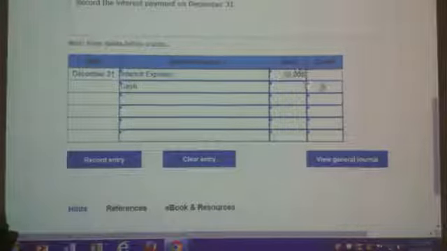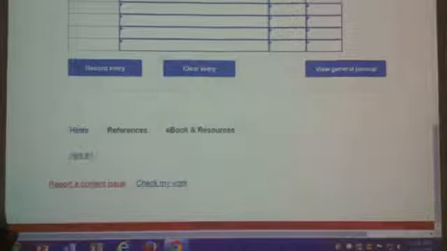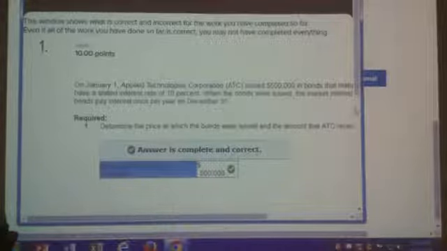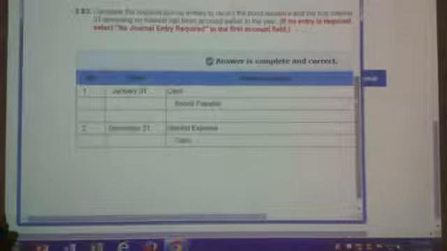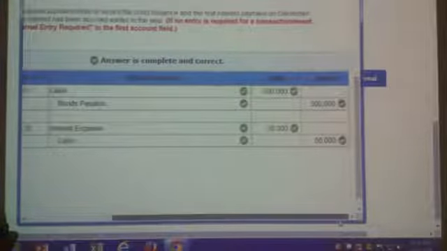And we credit cash this time because we are spending cash. So if we scroll down, check my work. Answer is complete and correct, and they are both complete.